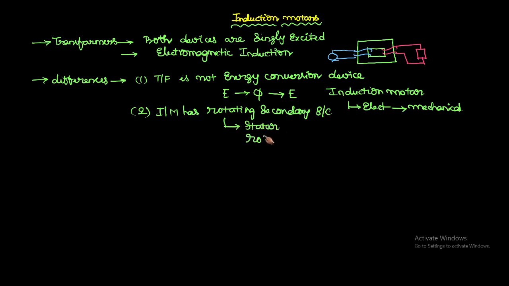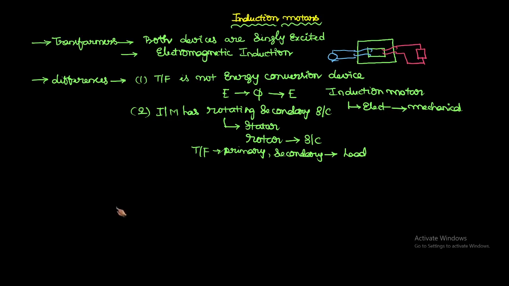We will discuss the meaning of the stator and rotor later. On the rotor side we always short circuit. Whereas in the transformer, we have the primary and the secondary, and we do not short circuit it; we always connect the load on the secondary side. That is another difference between the transformer and the induction motor.